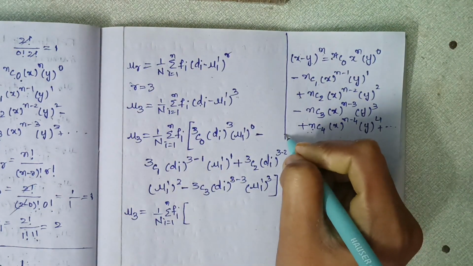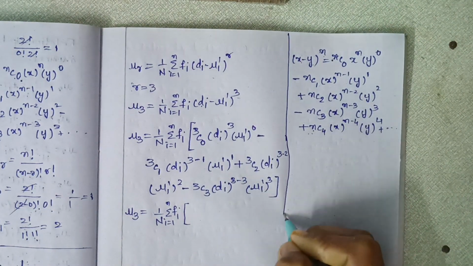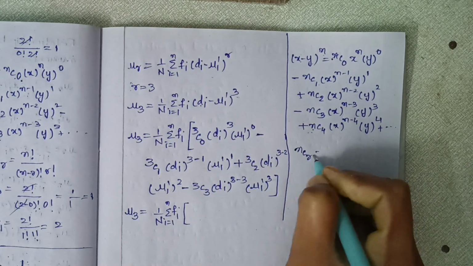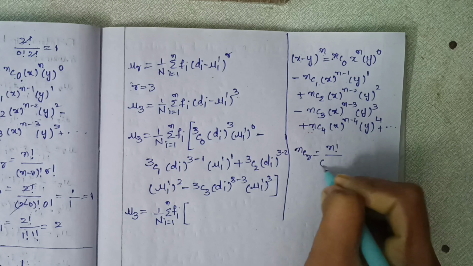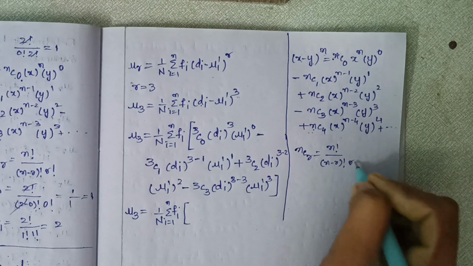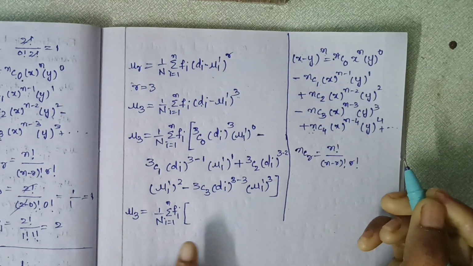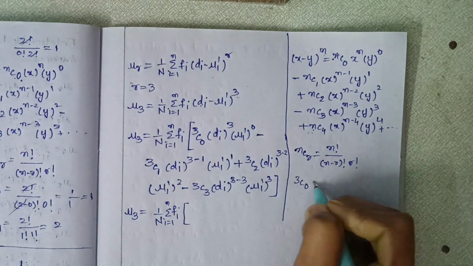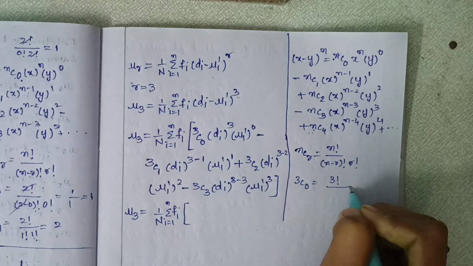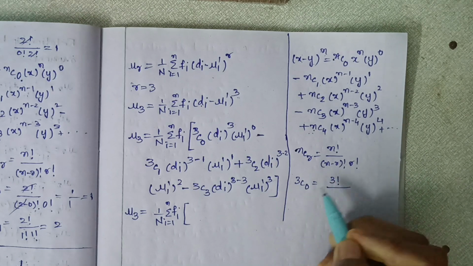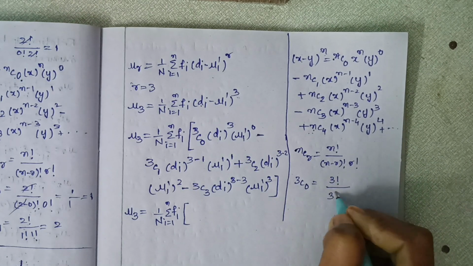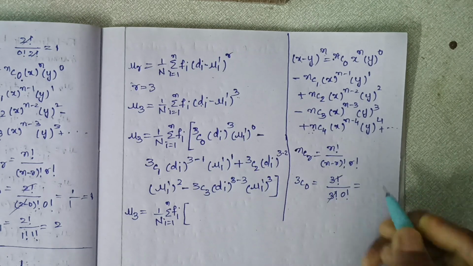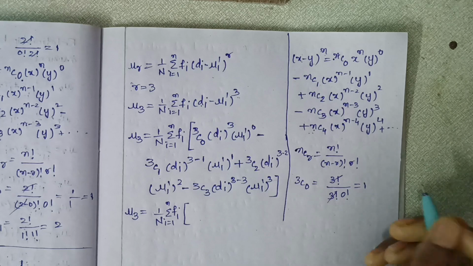3C0. In yesterday's video, we also learnt the combination formula, which is nCr equals n factorial by n minus r factorial into r factorial. Therefore, 3C0 equals 3 factorial by n is 3 and r is 0: 3 minus 0 factorial, 3 factorial, and r is 0, 0 factorial. We can cancel 3 factorial and 3 factorial. We get 1.